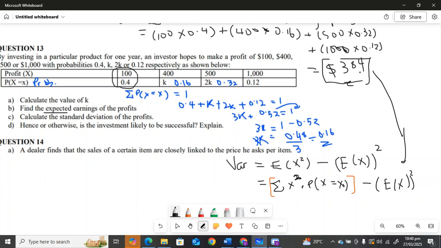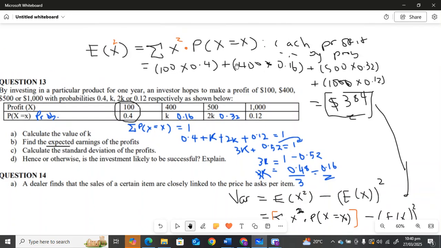Before I go further, any questions? So basically what's happening here, colleagues, since we're squaring x, it's the same process we did earlier. The only difference is these x values are going to be squared.